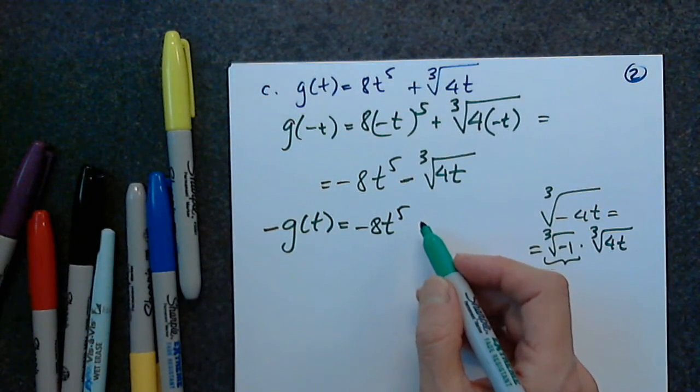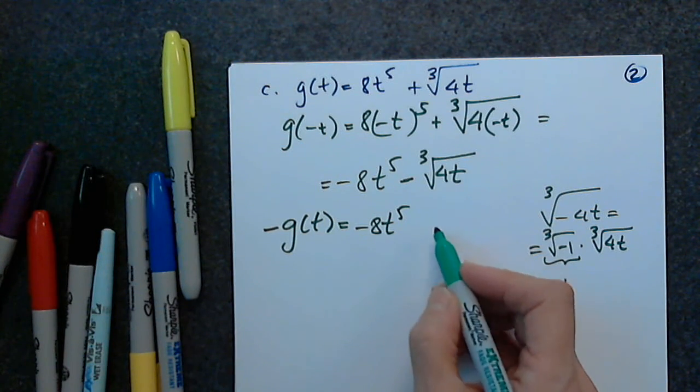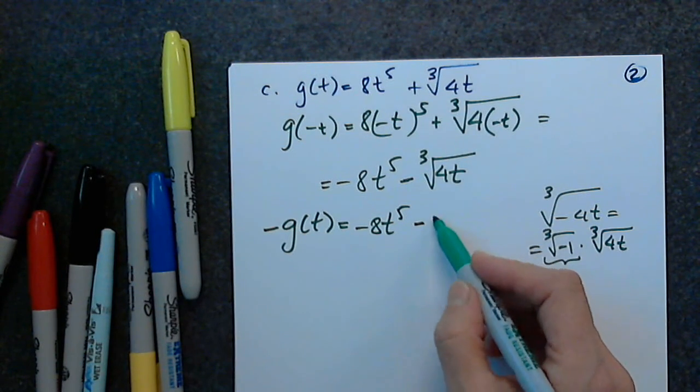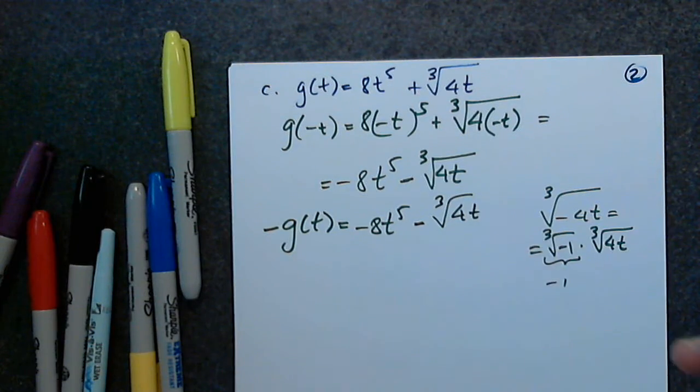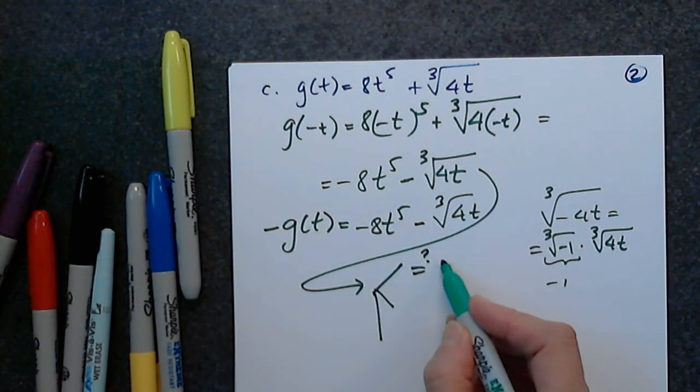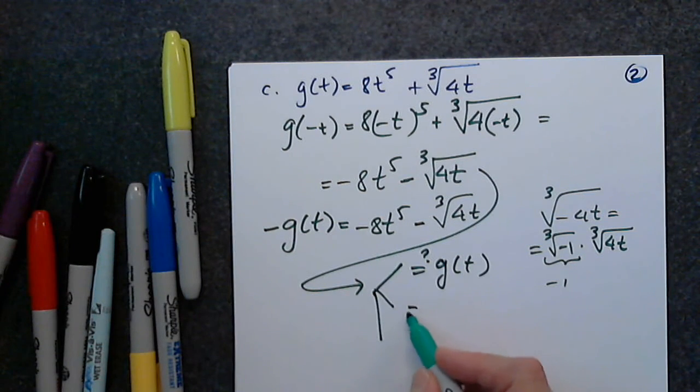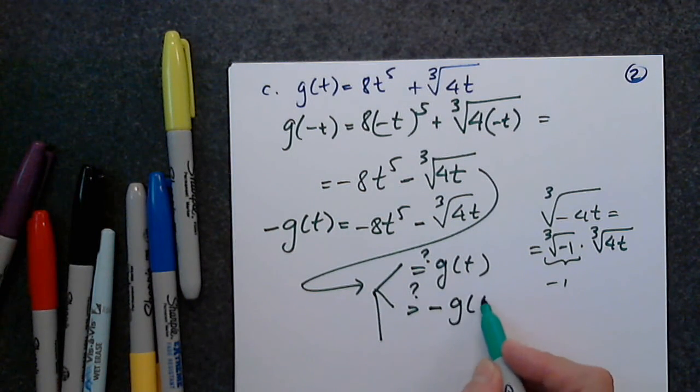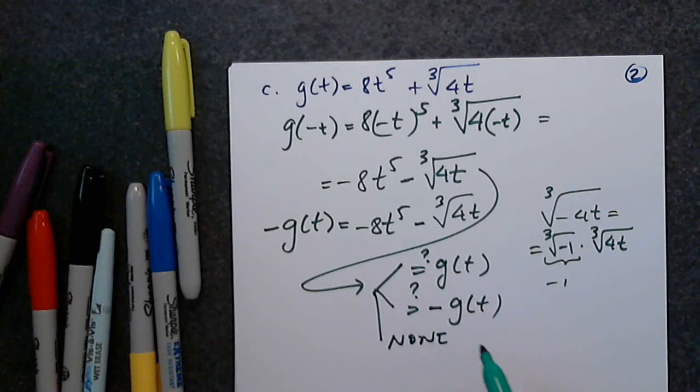If I distribute, I have to distribute everywhere. Yes? Negative cube root of 4t. Good. So now I have 3 questions to ask. Does this equal the original g of t? Does this equal the opposite of g of t? Or none of the above? If you say yes for the first one, it's even. If you say yes for the second one, it's odd.